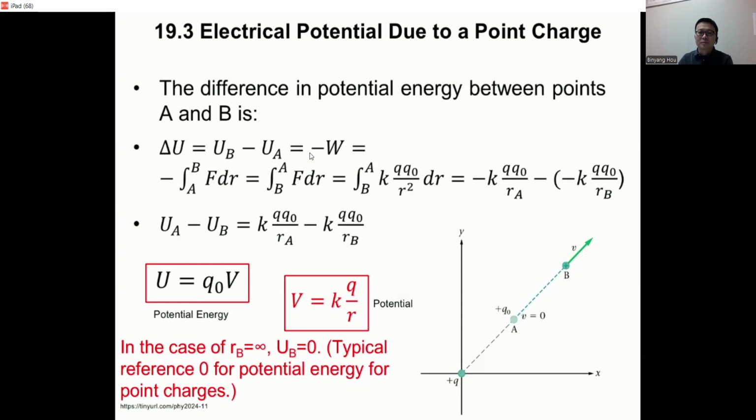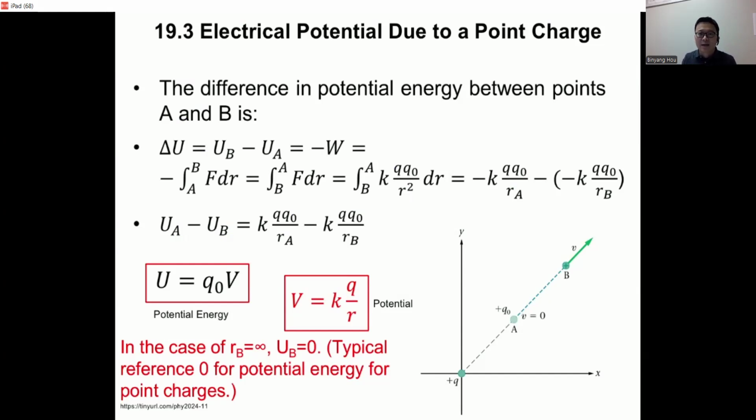You can calculate that. Normally you can do F times d, right? In here, the only problem is the force F, which is kQq over r squared. You see from A to B, r is changing, so this is actually a varying force, so we wouldn't be able to do that.